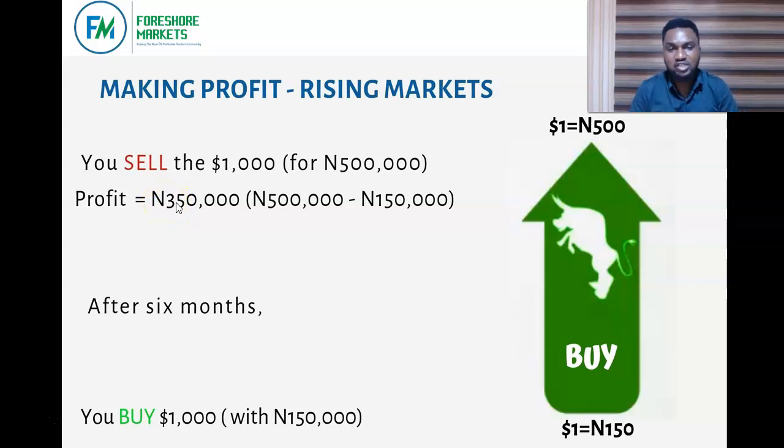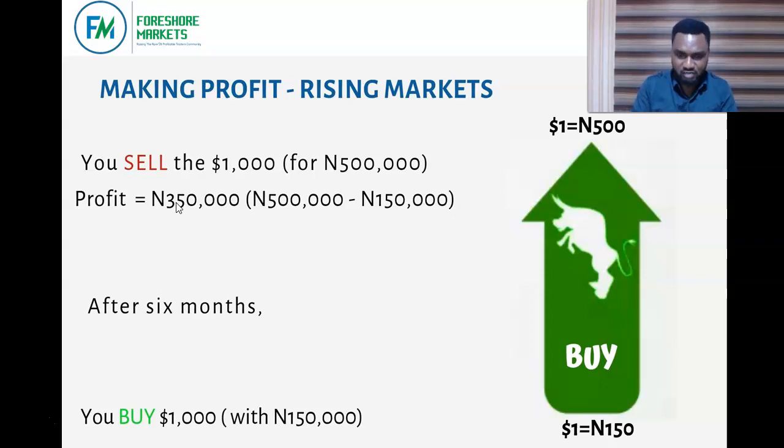What has just happened is that we experienced a rising market. The value of that exchange rate rose from 150 naira per dollar to 500 naira per dollar for us to make a cool profit. And so this is just a practical example of how you make money in the forex market when the market is rising.